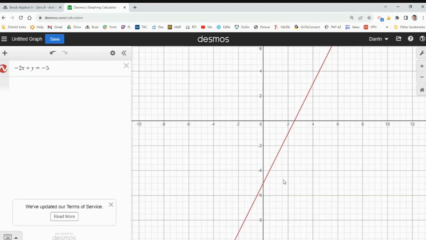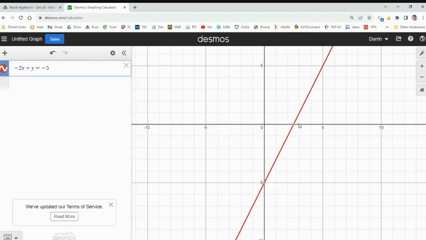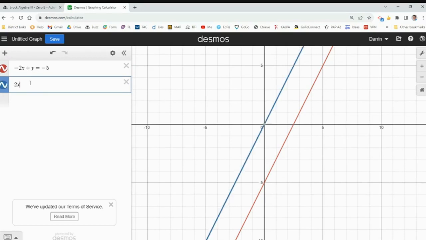See that? It has the y-intercept of -5, goes up the slope to where it crosses the x-axis at 2.5. Let's graph the other one where we multiplied both sides by -1. So 2x minus y equals 5. Well, look at that. It's the same line. There's the blue line. If I turn the blue off, the red one, they are the same line.